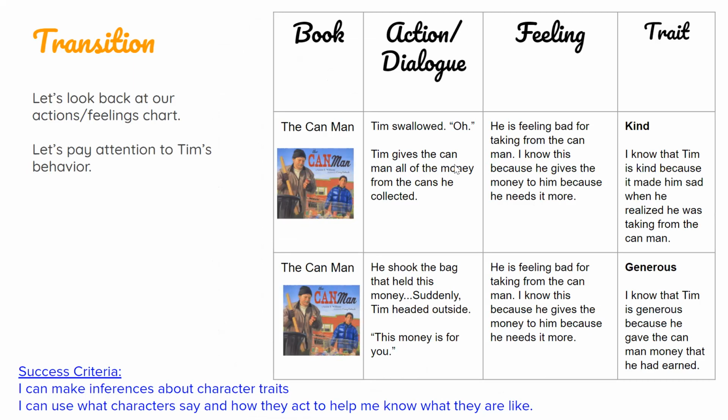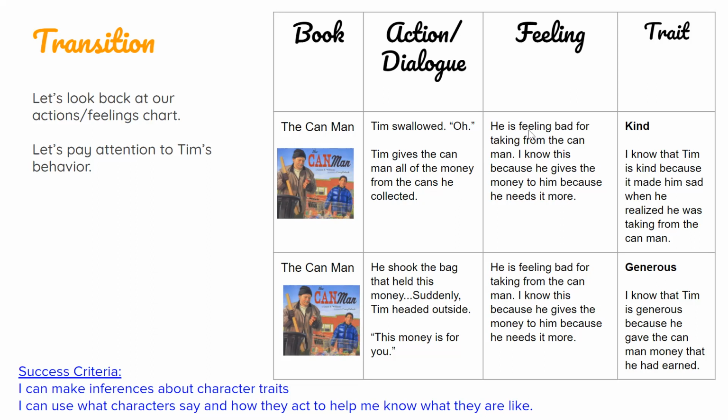So if we're really looking at the can man, we're going to pay attention to Tim's behavior or his actions. Tim swallowed and said, "Oh," when the can man told him he was saving money for a new coat. So his dialogue was, "Oh." His action is he gives the can man all the money he earned from the cans he collected.